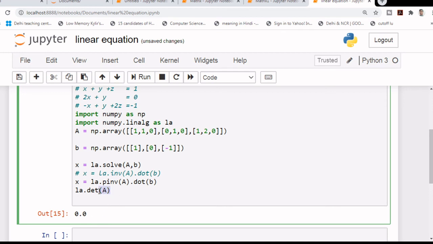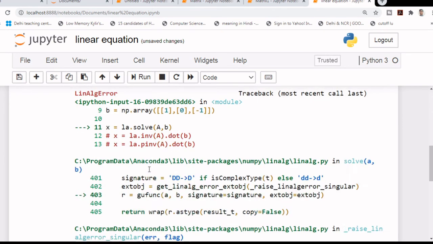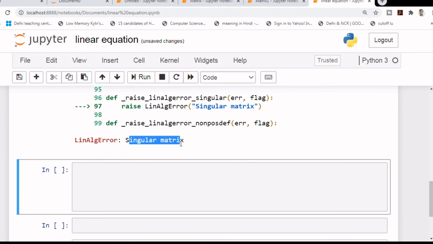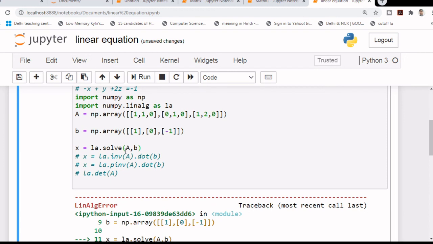Now to check whether we can use the solve method, we run it, and it says the error is that it is a singular matrix. A is a singular matrix, so it is not possible to use the solve method.